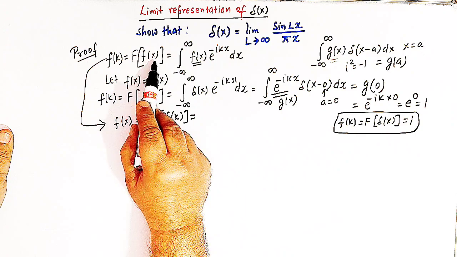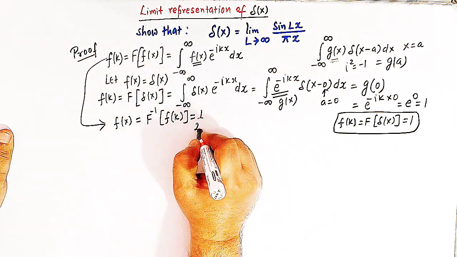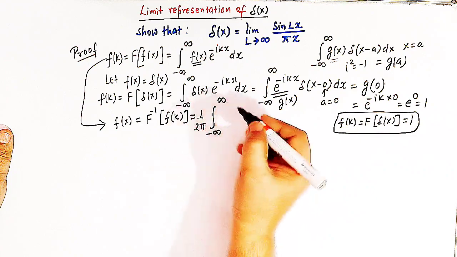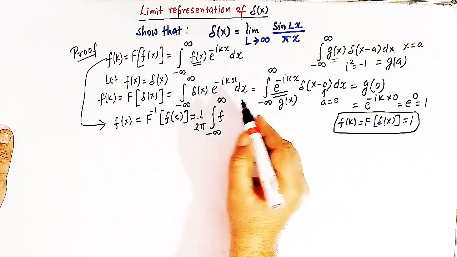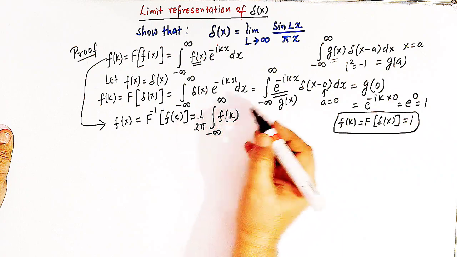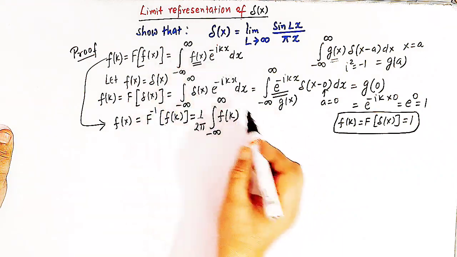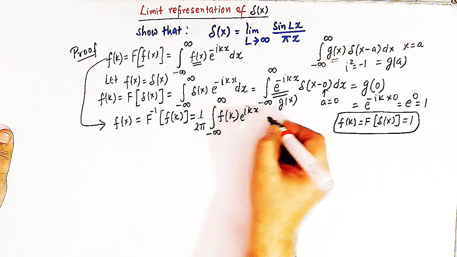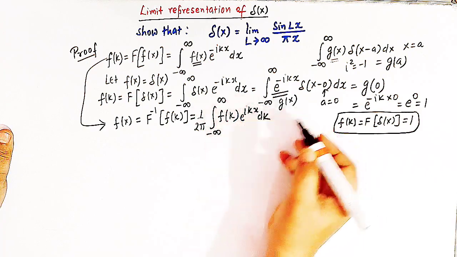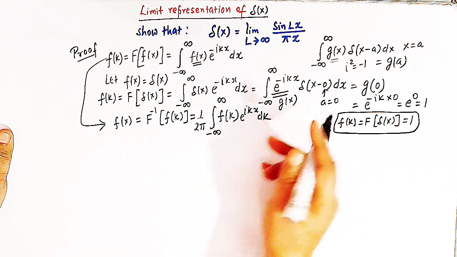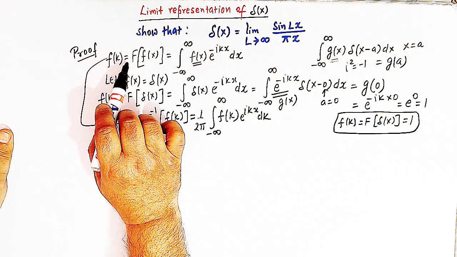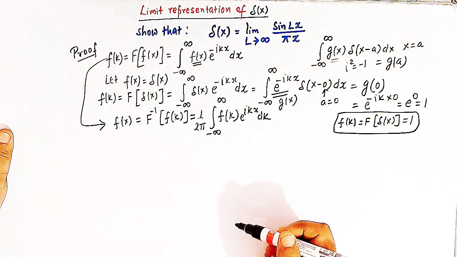So using this definition, we have 1 over 2 pi, the integral from minus infinity to infinity, and here we have F(k) instead of f(x), and here we have e raised to i k x dk, right? So this is the definition of the inverse Fourier transform, and this is the definition of the Fourier transform, right?